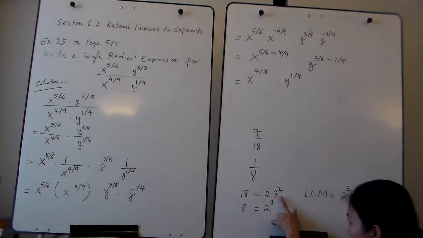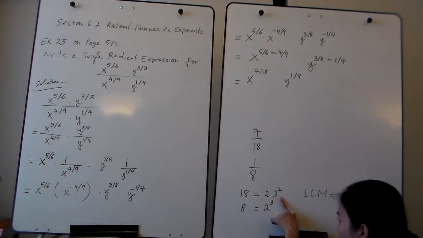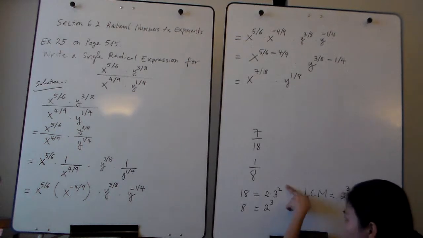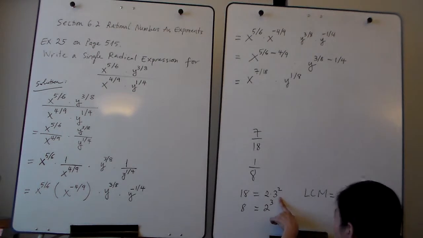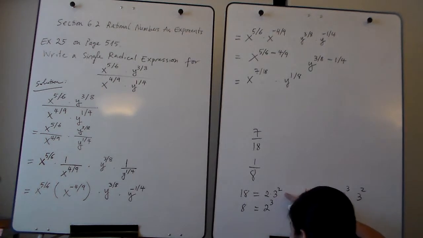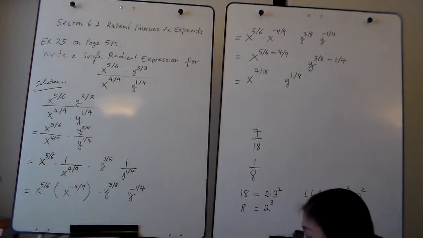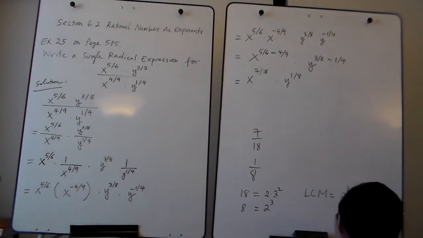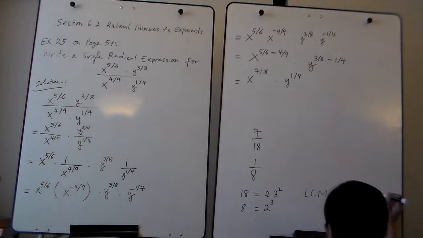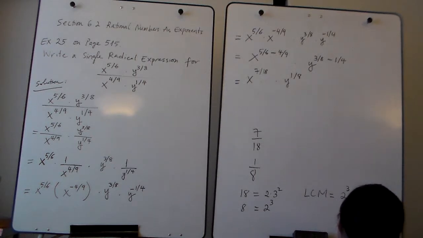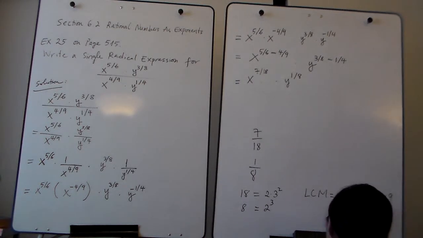Now, I also have 3 as a factor. This 3 happened 2 times because it's 3 raised to the second power. So I'm going to use 3 squared. Simplify, I get 2 to the third power is 8, times 3 squared is 9.